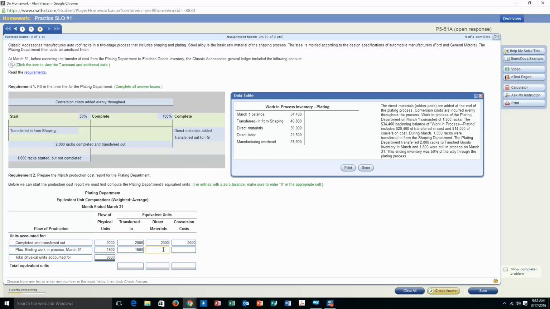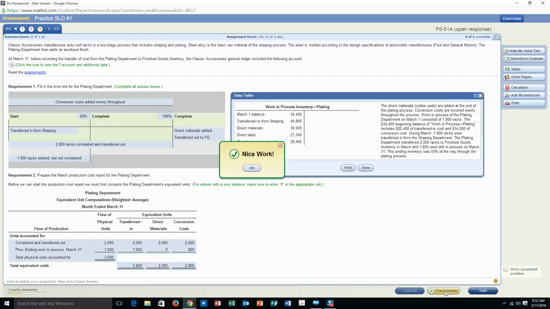But I think on this problem it says that the material is added at the end of the process, so it'll be 0. And the conversion cost is 50% complete, so 50% times 1,600 is 800. Bring down the total for equivalent units, which is step 2 of the production report: 3,600, 2,000, and 2,800.